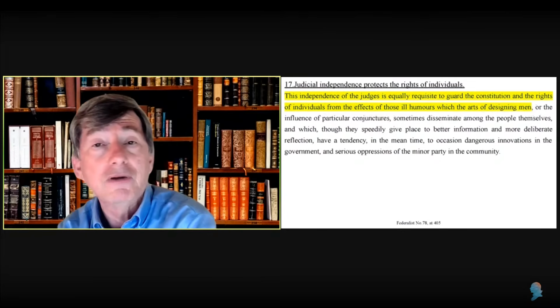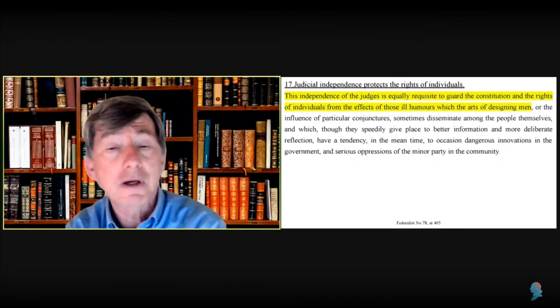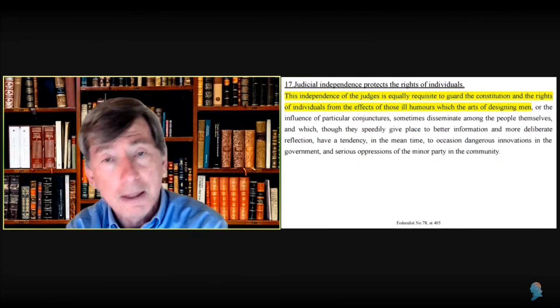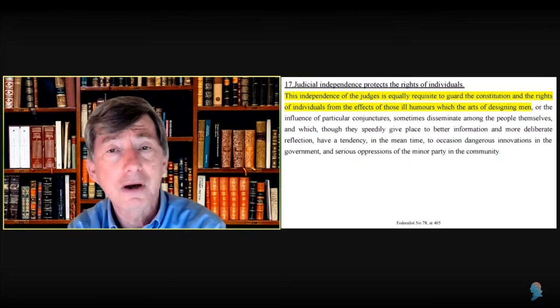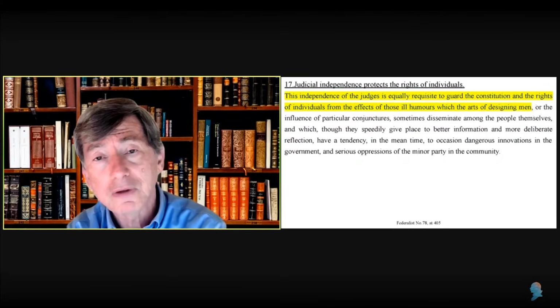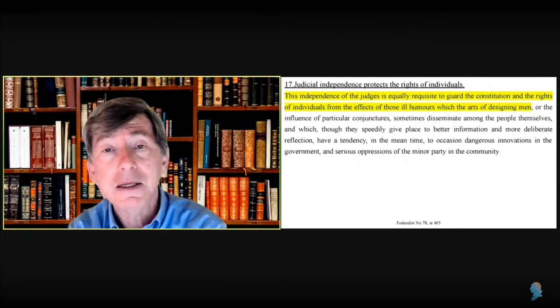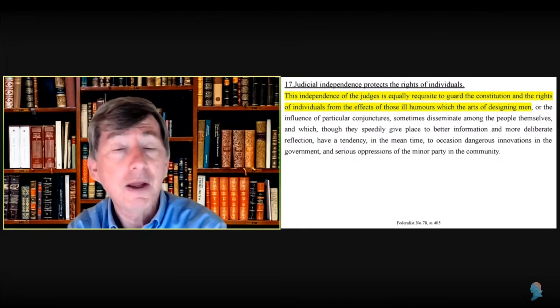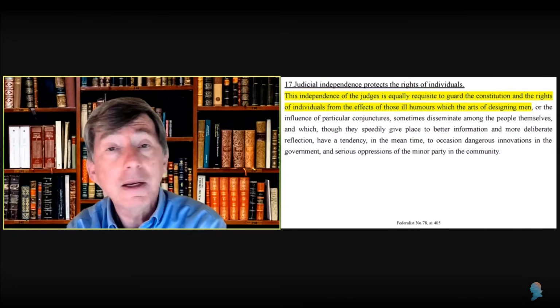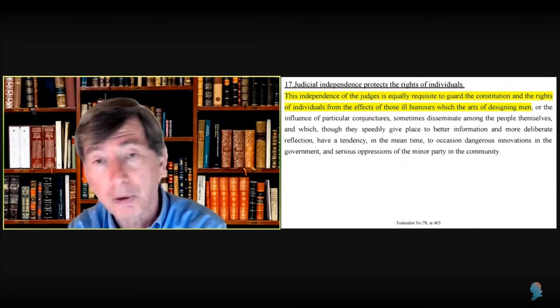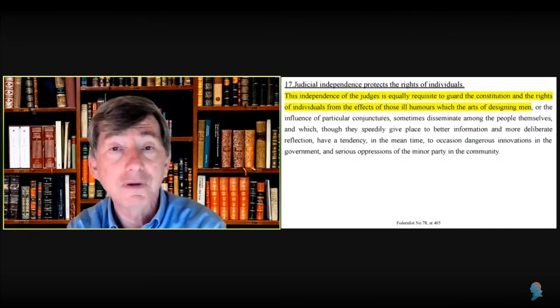It wasn't in the Bill of Rights or anything else like that. It was in the Constitution. But, and this was a controversial question at the time, courts assumed, at least the Federalist courts did, that the common law was part of the law that they were applying. And in the common law, there are many questions, property, tort, etc., that involve the rights of individuals.